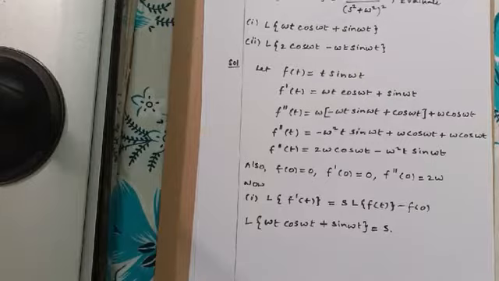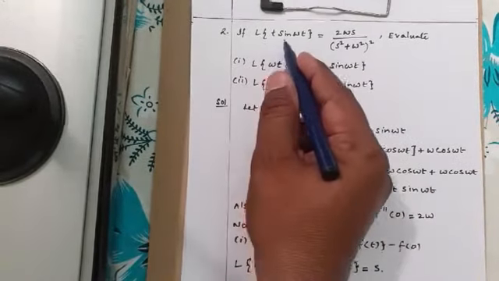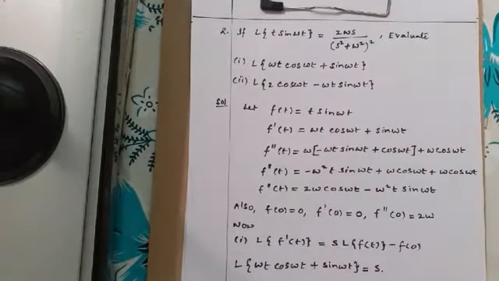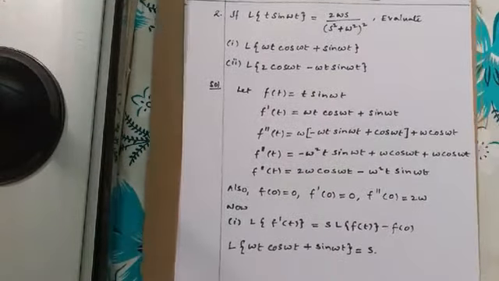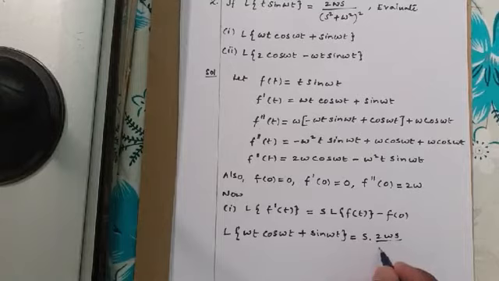What is given? Given Laplace of f of t is equal to 2 omega s upon s square plus omega square whole square.